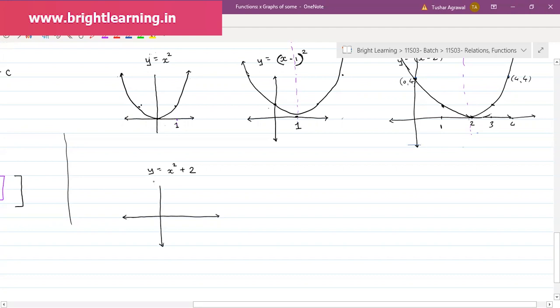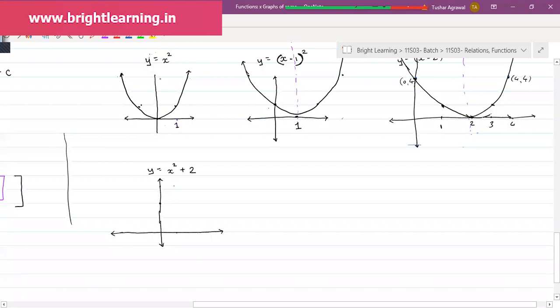This is my xy axis. For x equal to 0, it is 0 square and addition 2. For x equal to 1, 1 square, addition 2. For x equal to 2, 2 square, addition 2. So what actually is being added?